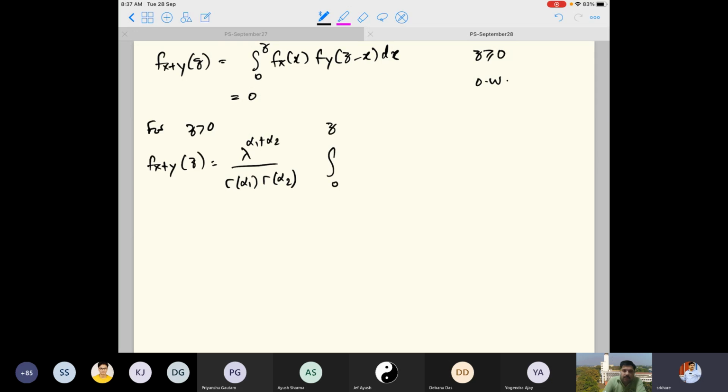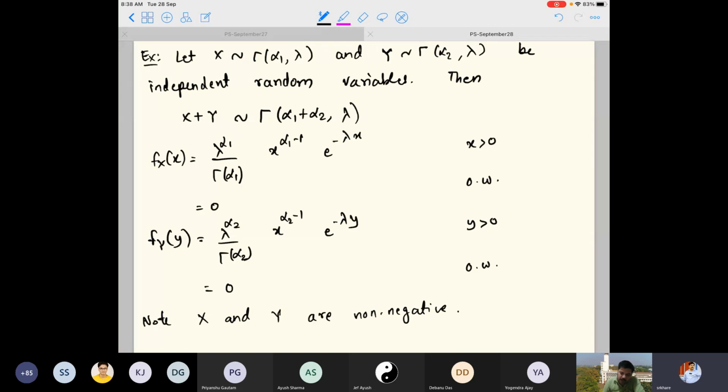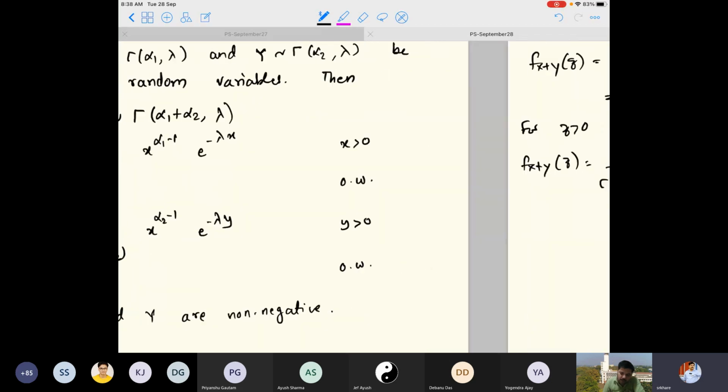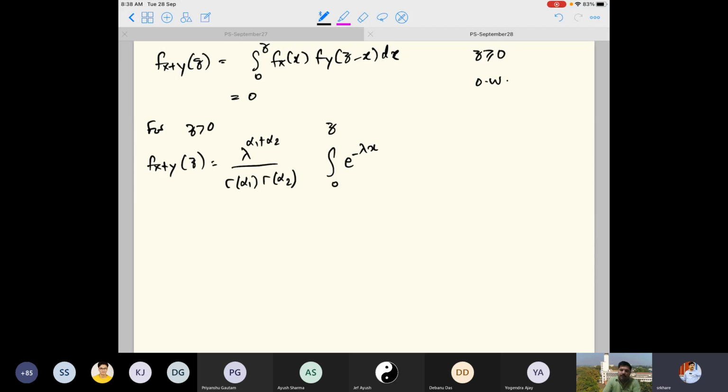Integral from 0 to z, and then I have e to the power minus lambda x sitting here because of this, and then what do I have? e to the power minus lambda (z minus x). So I think I can just write this as e to the power minus lambda z, is that okay? And then I'll have x to the power alpha 1 minus 1, and z minus x to the power alpha 2 minus 1.